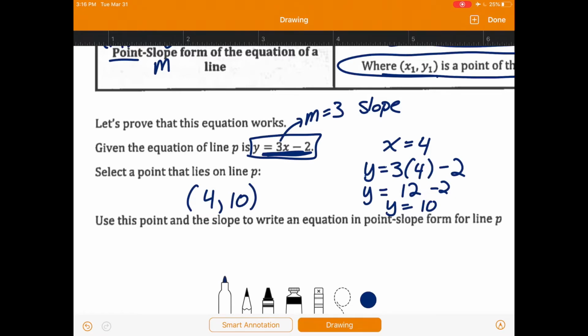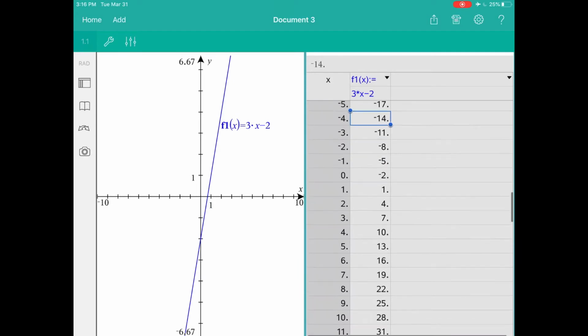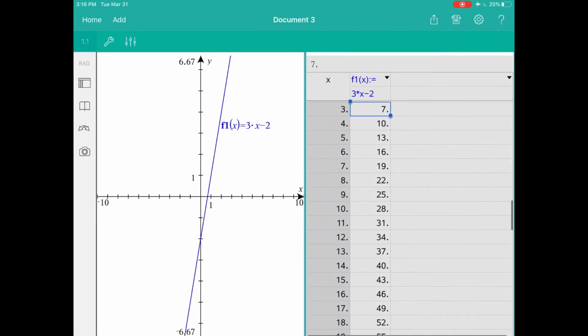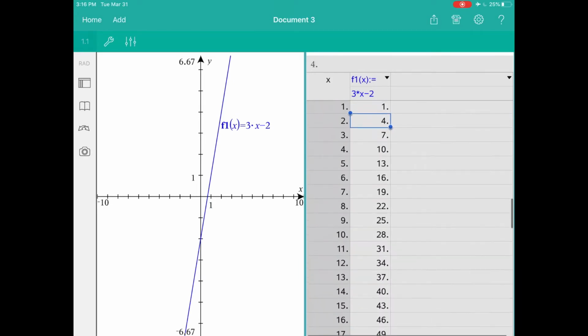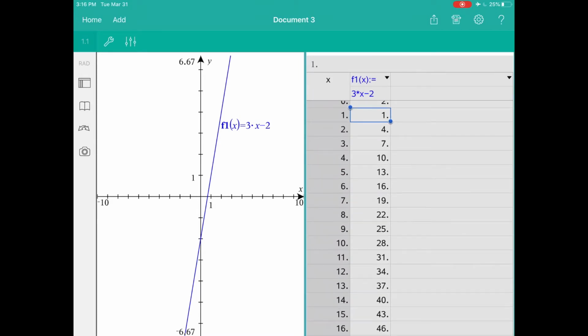You could always do that if you wanted to find a point on a line, but you could also do this. You go to y equals on your calculator and go to the table. After you type in what the equation is, you're going to get all of these numbers. So if you go to y equals, type in 3x minus 2, then go to the table. These are all of the points that are on the line.